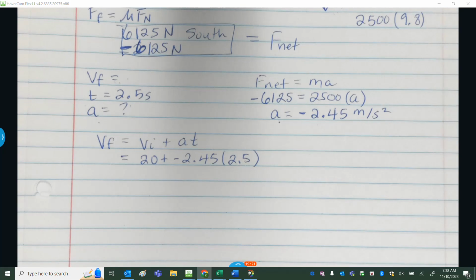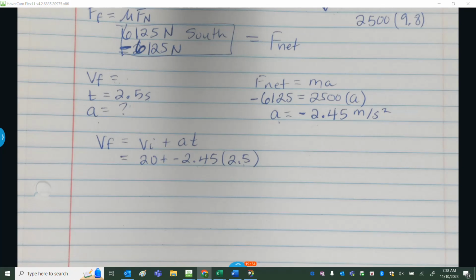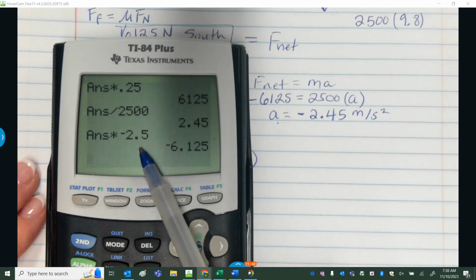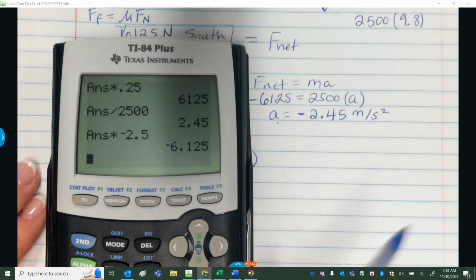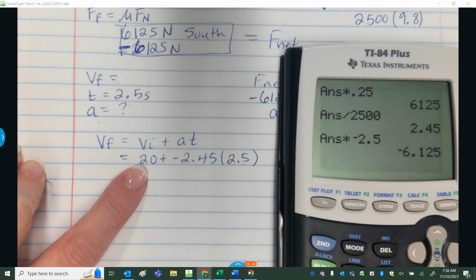It says, how fast is the car going after 2.5 seconds? That was in the question that was on my screen a minute ago. So we need to multiply these first, and then we're just going to add 20 to it. So 2.45 times 2.5, again negative, 6.125, and then plus 20.